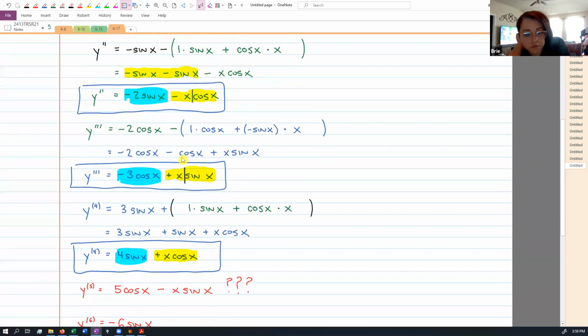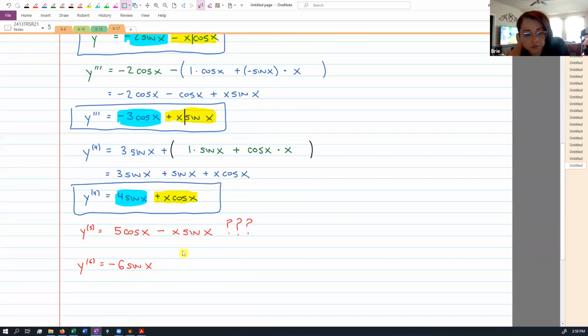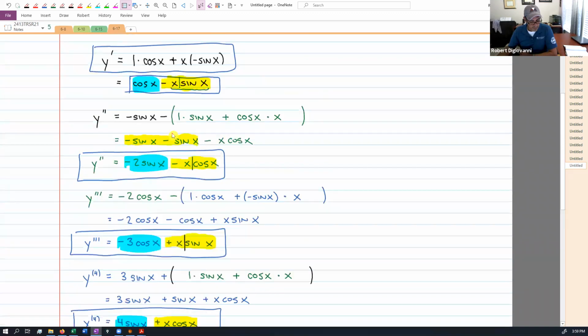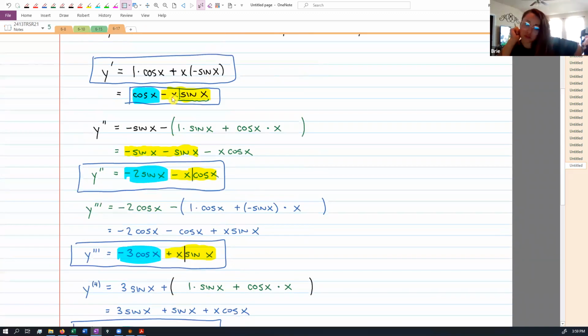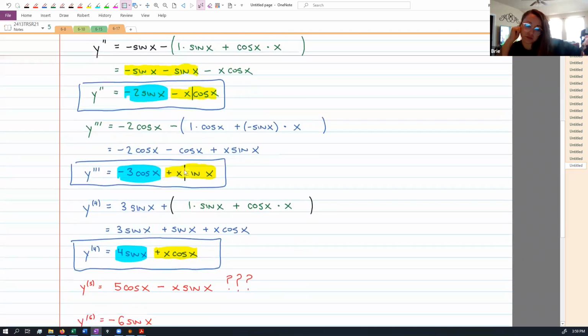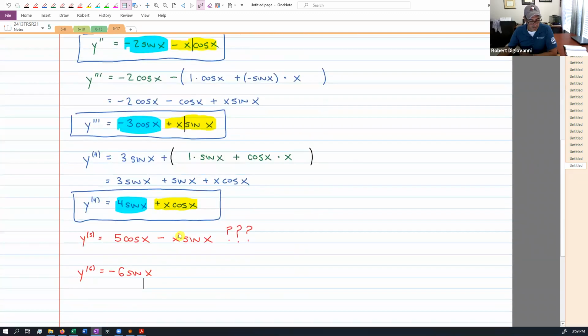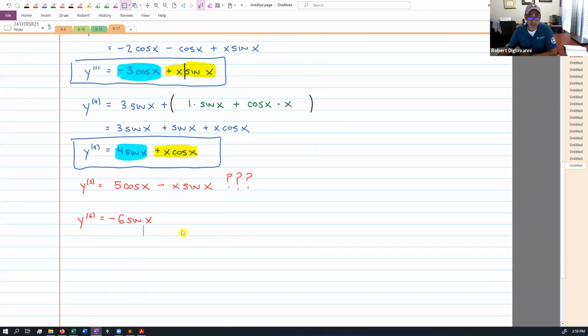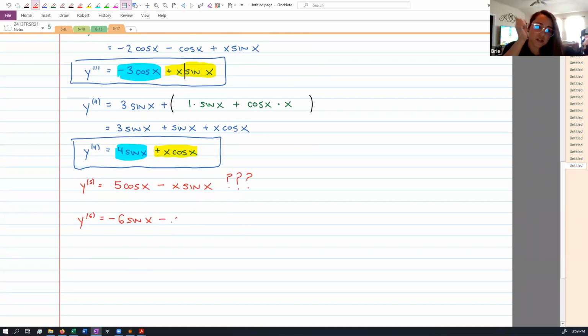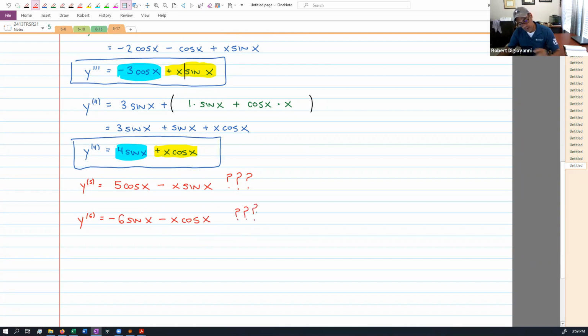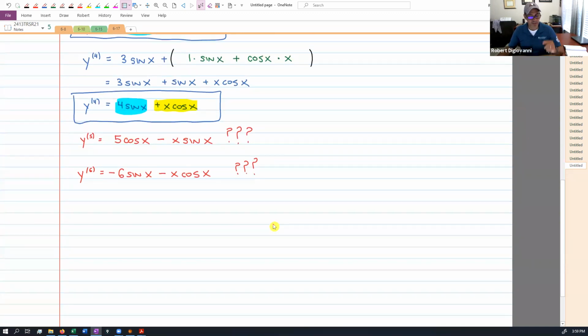Negative, negative, positive, positive. Maybe negative, negative again? Negative x cosine x. Again, the only way to check it would be to actually do these derivatives. But this is the right pattern.